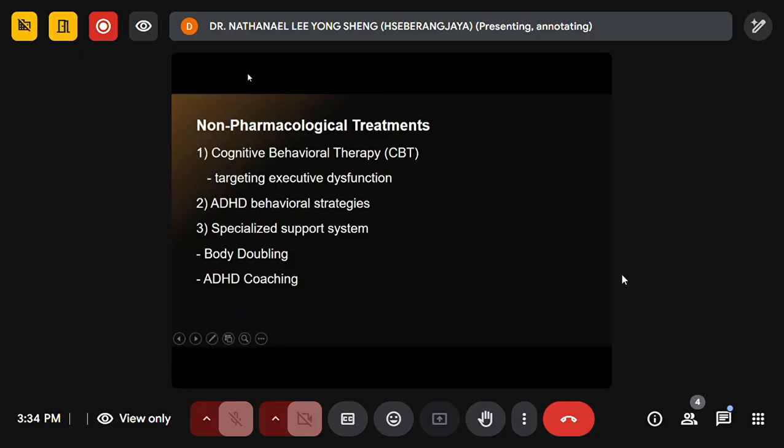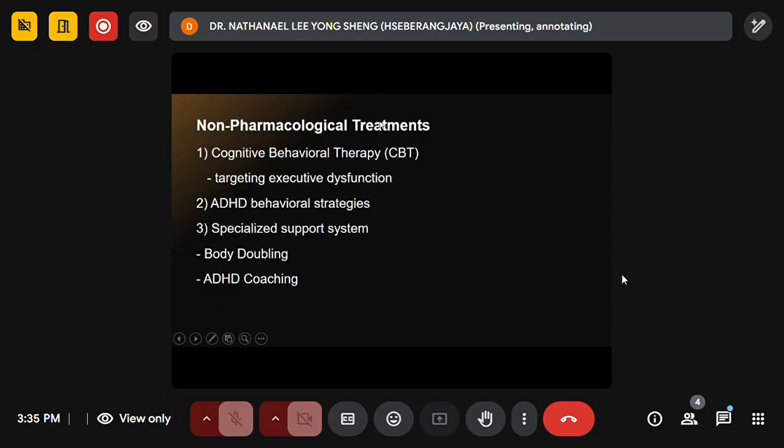So the next treatment for ADHD will be non-pharmacological treatment, and the most evidence-based non-pharmacological treatment is cognitive behavioral therapy.